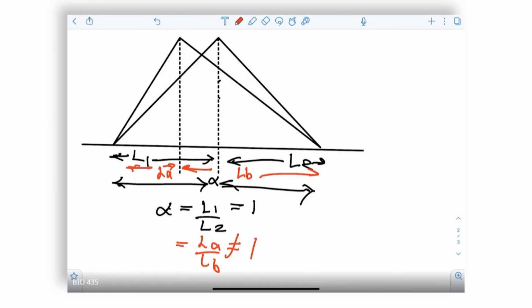But what this also means is that the gradient here and the gradient here are not the same. In other words, going down this way is much steeper than going down this way. Or per unit, the distance traveled in y is more here than here.